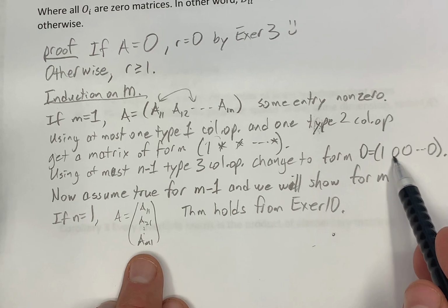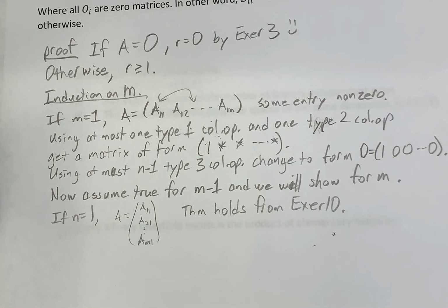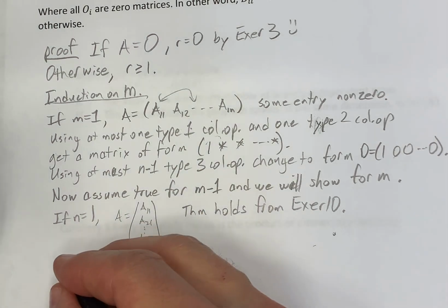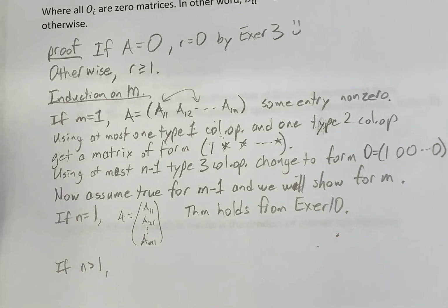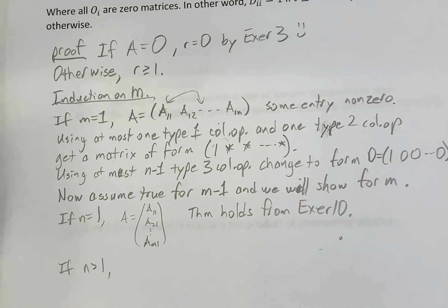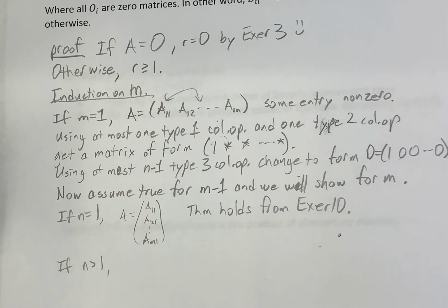It's a whole lot like this right here for the column, okay? So now, if n is greater than 1, A is non-zero, so you've got some non-zero entry.